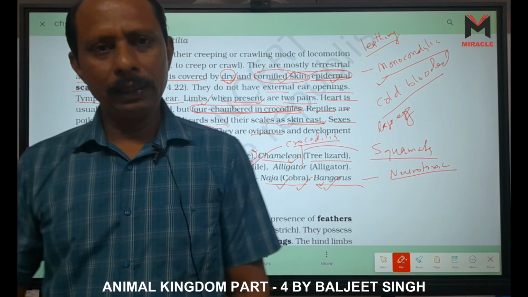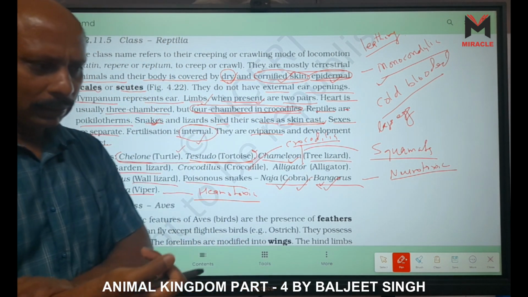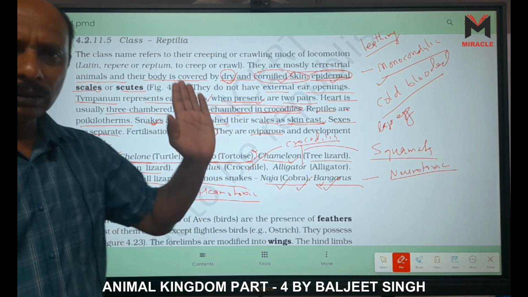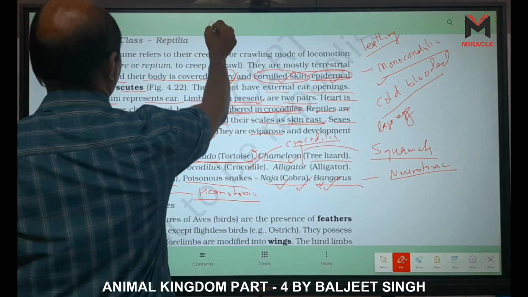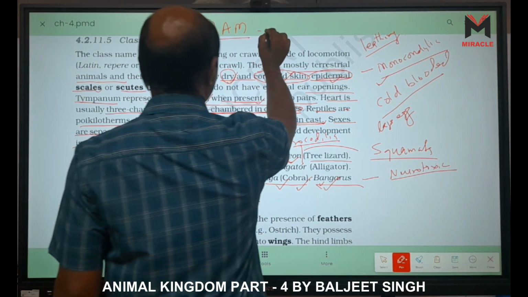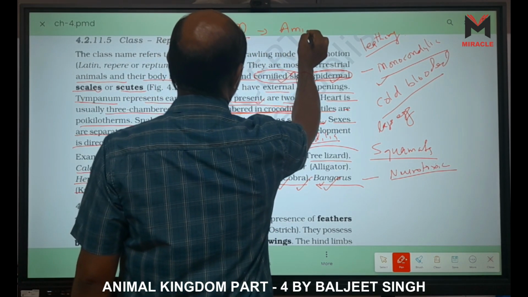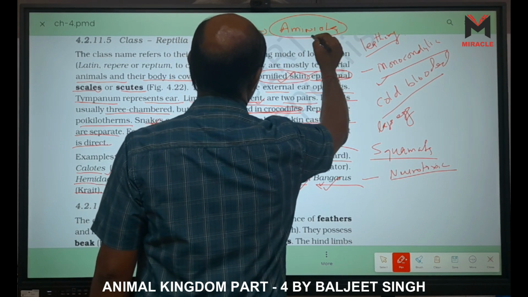They lay leathery eggs. Now one thing I want to tell you: reptiles, aves and mammals are amniota. They are amniotes, right?